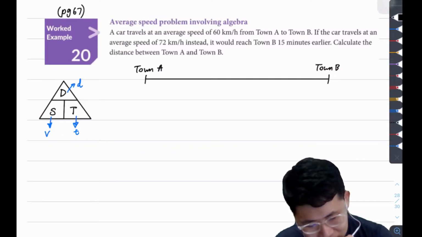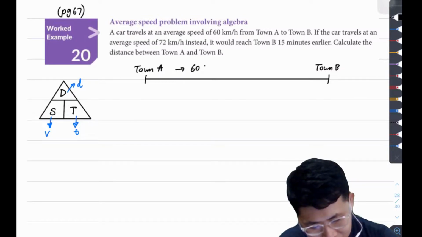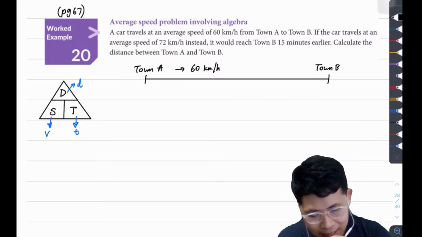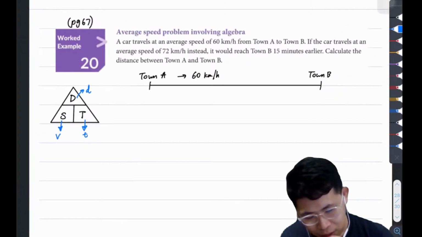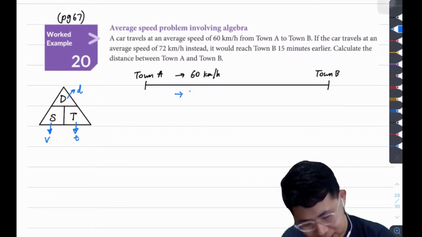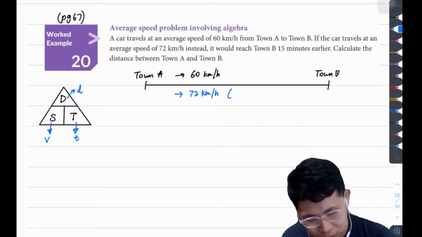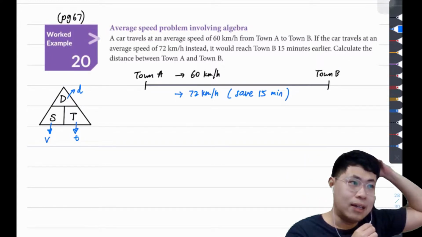Let's take a look at the first journey. If we travel at 60 kilometers per hour, and there's a second alternative speed where we travel at 72 kilometers per hour, this one would save us 15 minutes, so we reach town B 15 minutes earlier.